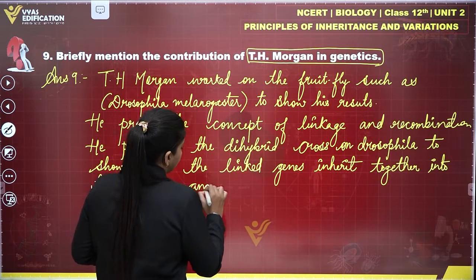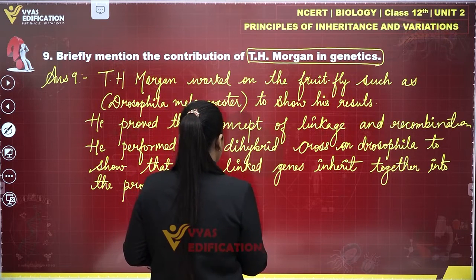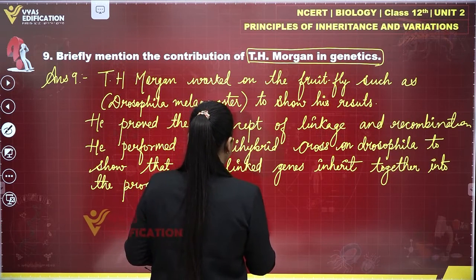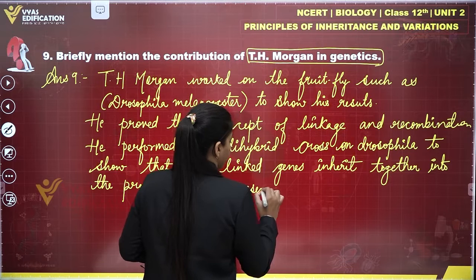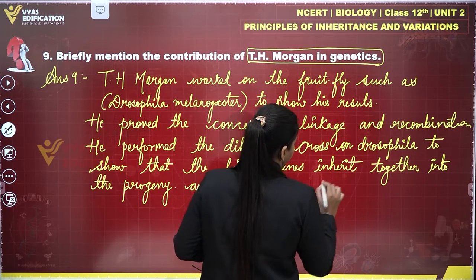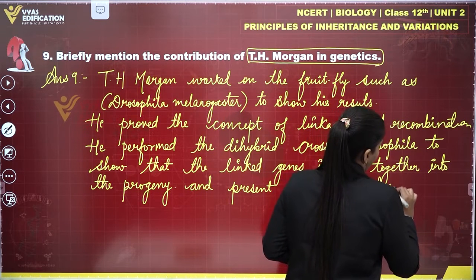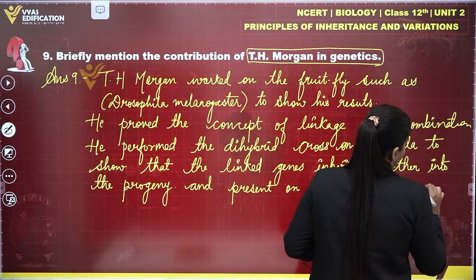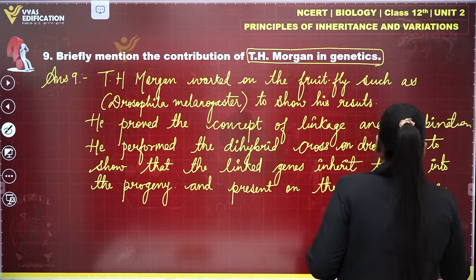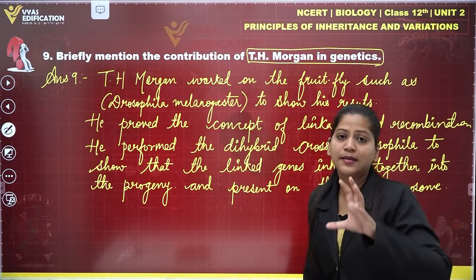He also proved that the linked genes are present on the X chromosome. So this was the result given by the scientist T.H. Morgan.